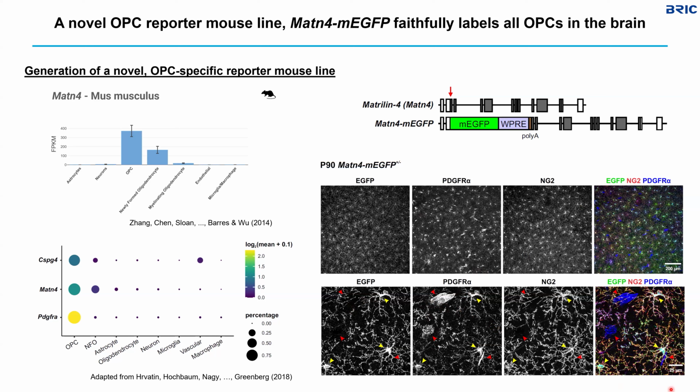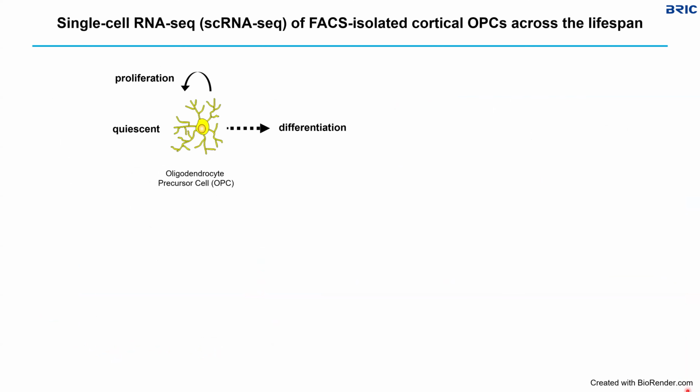Once we had this mouse line, we were excited to perform single-cell RNA sequencing. The reason we decided to perform single-cell RNA sequencing over other methods of profiling is that OPCs are inherently very heterogeneous in their cellular behavior. At a given time point, most of the cells are quiescent, but some are undergoing proliferation, and some are undergoing differentiation to make new oligodendrocytes.